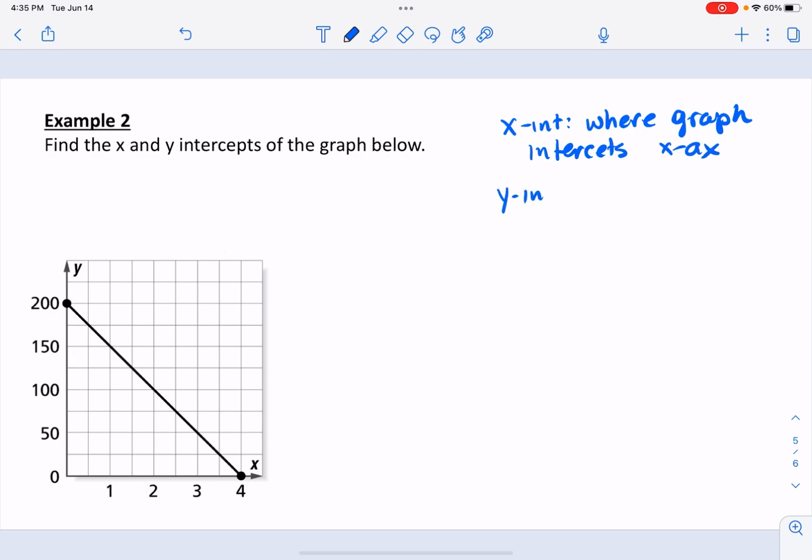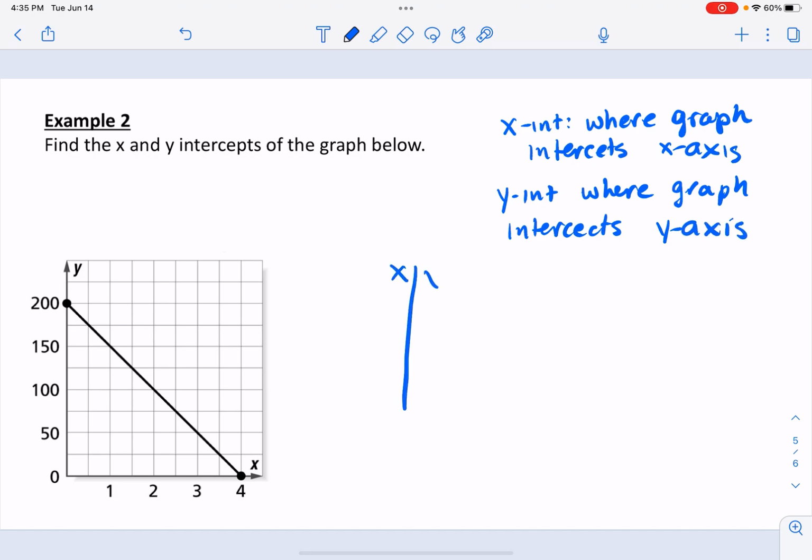And then the y-intercept, where the graph intersects the y-axis. So I look at it like this. I make an intercept chart. Not all teachers like that I make this, but I think it's best for my students. So when x equals 0, this is going to be my y-intercept. When y equals 0, that's the x-intercept.